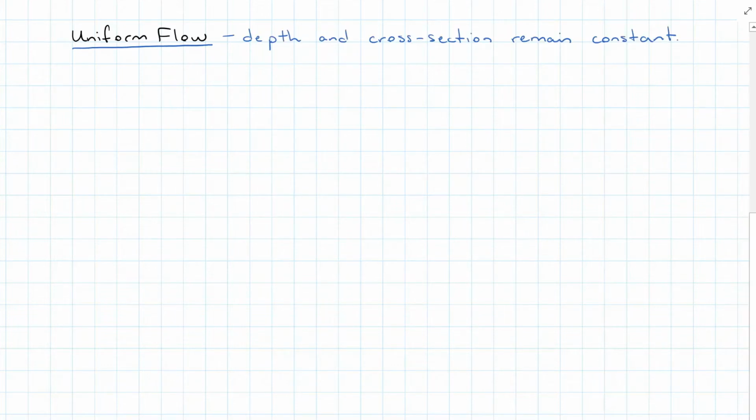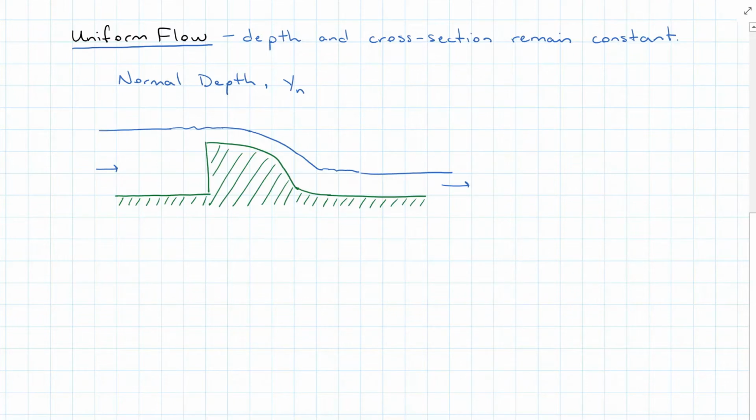The uniform flow depth is referred to as normal depth, and we represent that with a subscript N. So if we've got our little spillway here, we're going to have uniform depth coming to the spillway, but when it first hits the spillway, it's going to get non-uniform.